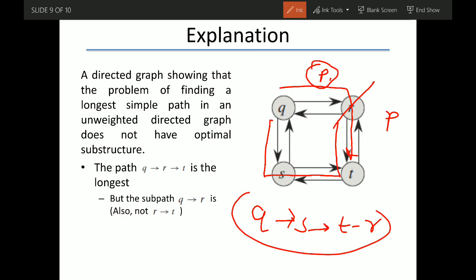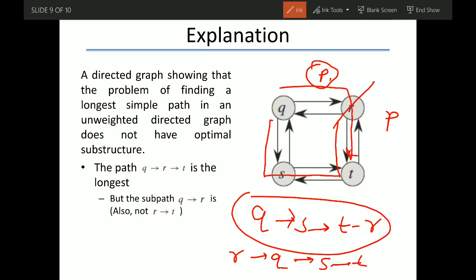There is another path which is the longest. And it is also true for R to T. So R to T is not the longest. R to Q, Q to S, and S to T is the longest.